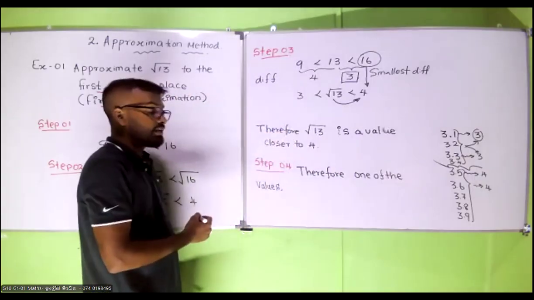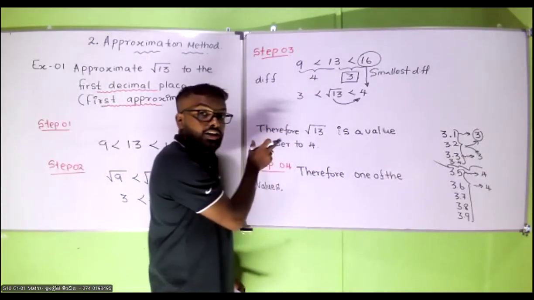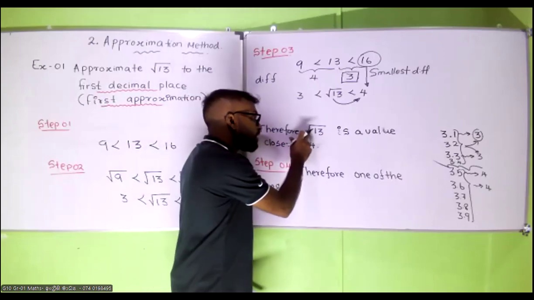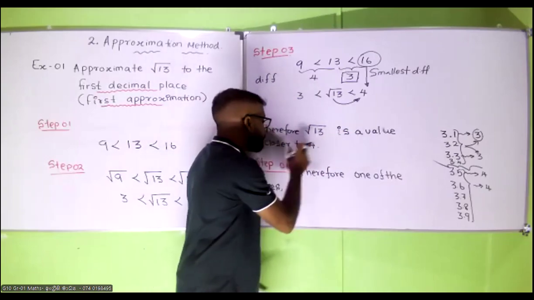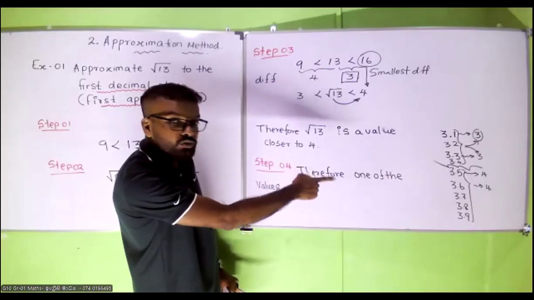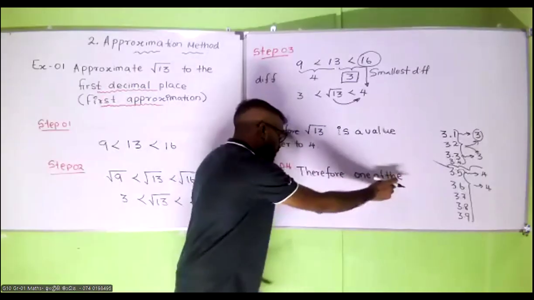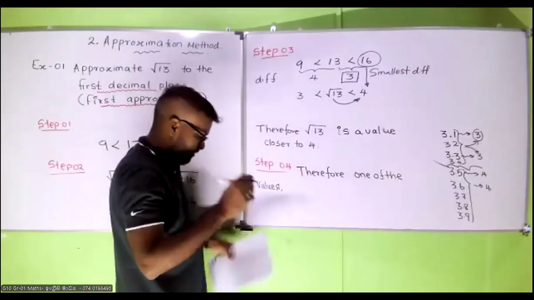So we have concluded that therefore the square root of 13 is a value closer to 4. Those values should be there, right?